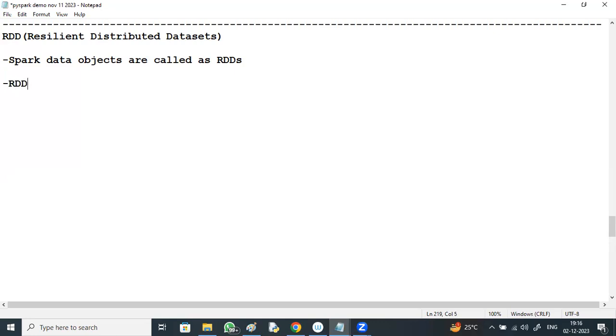How these RDDs are loaded and computed, we'll be discussing. RDDs are subdivided into partitions.